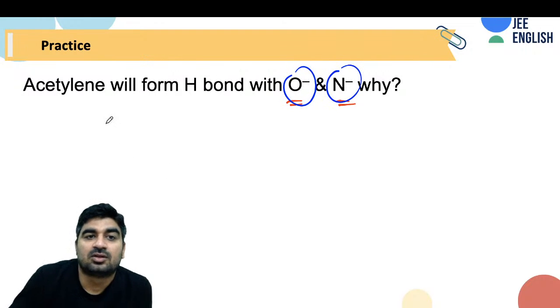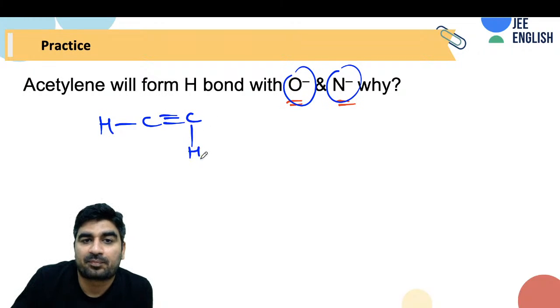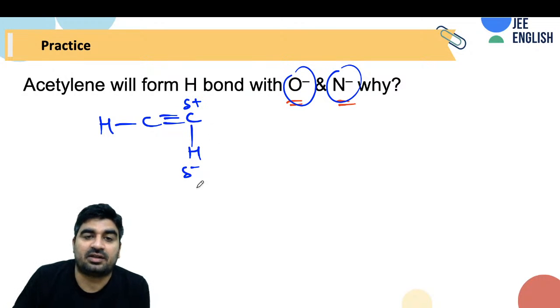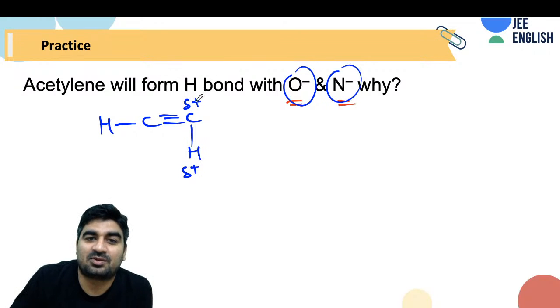Tell me. If I talk about acetylene, this is acetylene. Here this is having delta positive, here delta negative. Sorry, reverse: delta positive, delta negative.